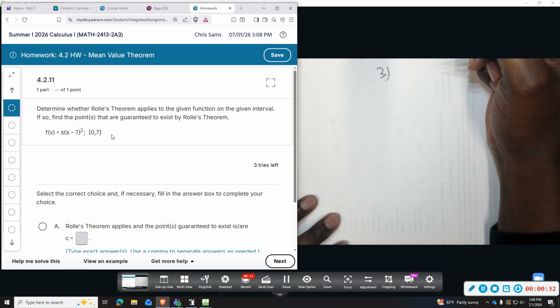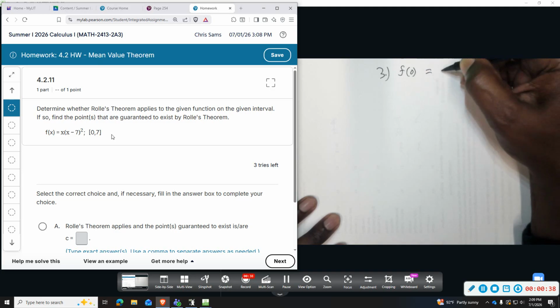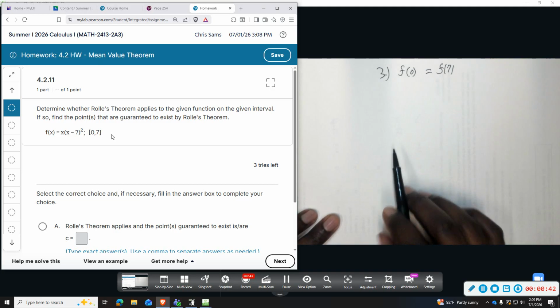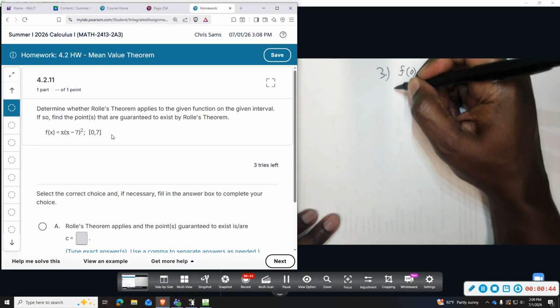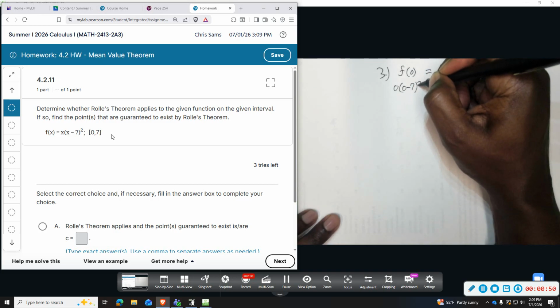So first thing I want to test to see if f of 0 is equal to f of 7. If I plug in f of 0, that's going to give me 0 times (0 minus 7) squared.